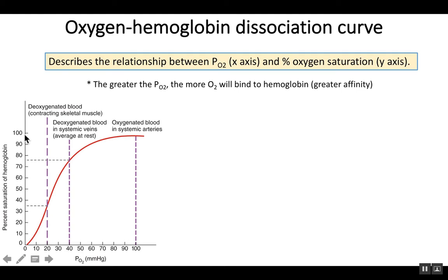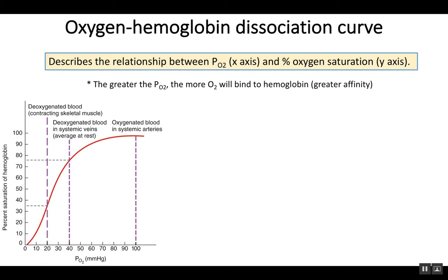So almost 100% of the hemoglobin is going to be full of oxygen. If you're down to deoxygenated blood, which is 40, about 75% of the hemoglobin is saturated. So you actually do have quite a bit of oxygen in deoxygenated blood. It's just not nearly as much as oxygenated blood.